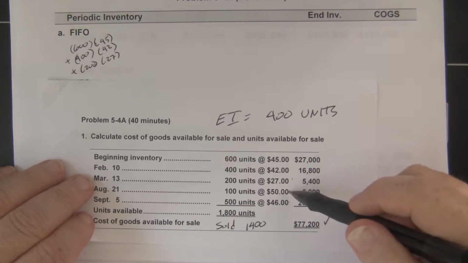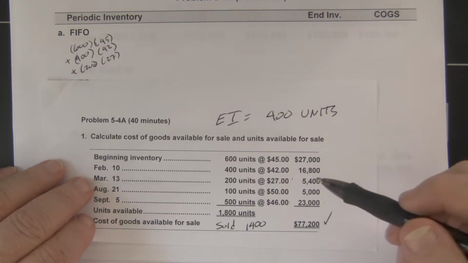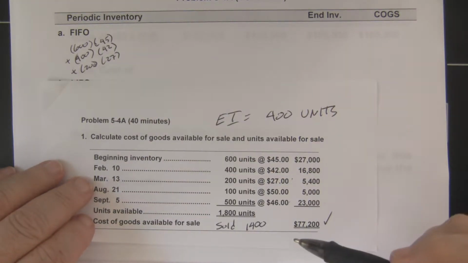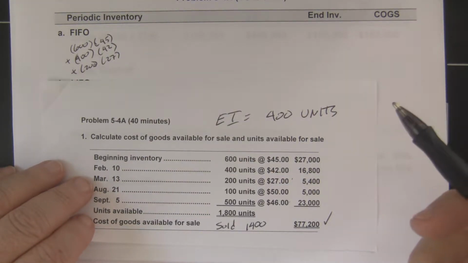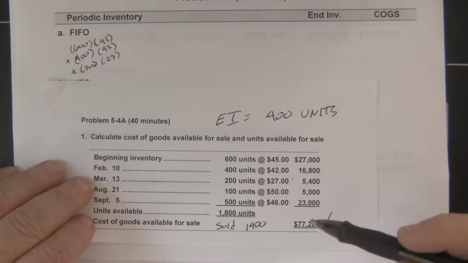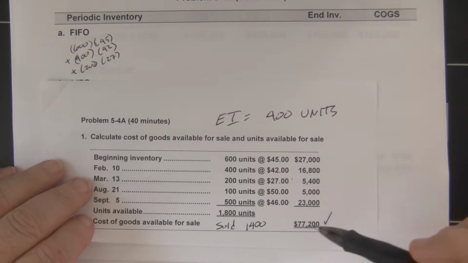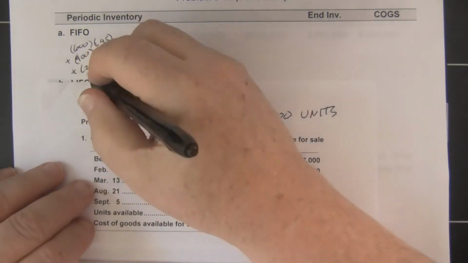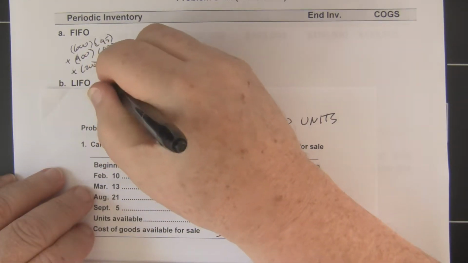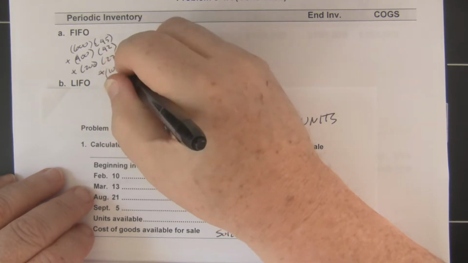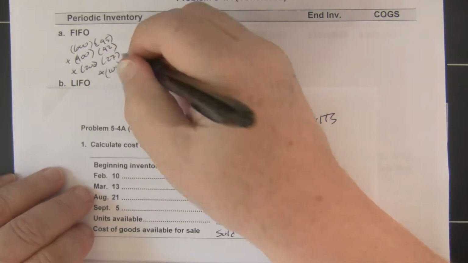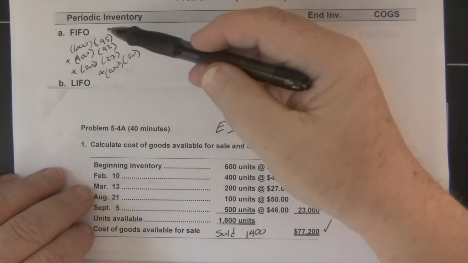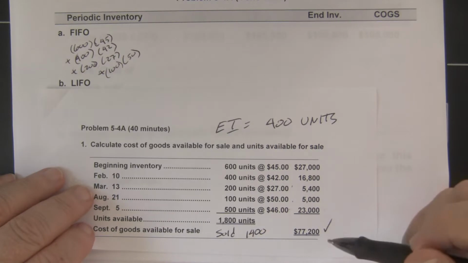So under FIFO, we still haven't accounted for all 1,400 units. We've accounted for 1,200. So we have to account for 200 more. So we have 100 at $50. And does that give us all of them? That's 6, 4, 12, 13. No, we need one more.